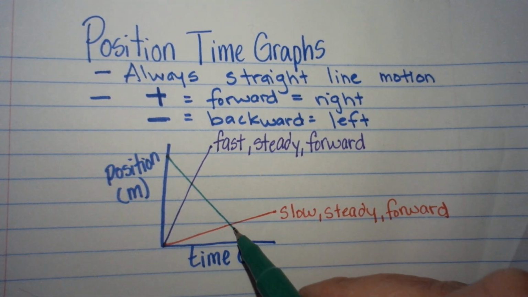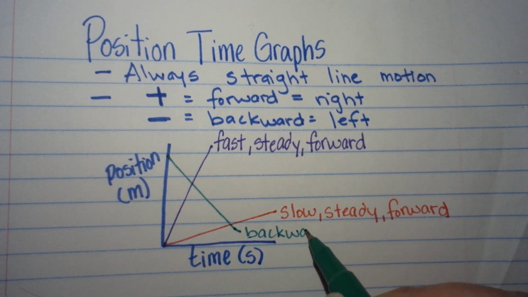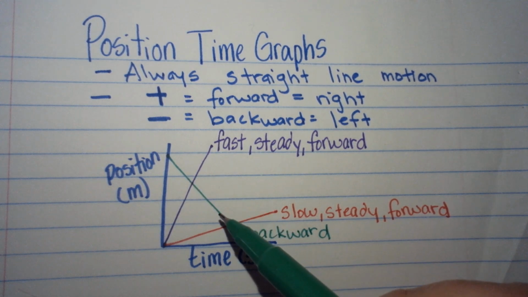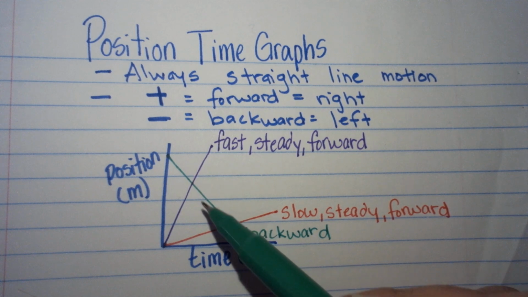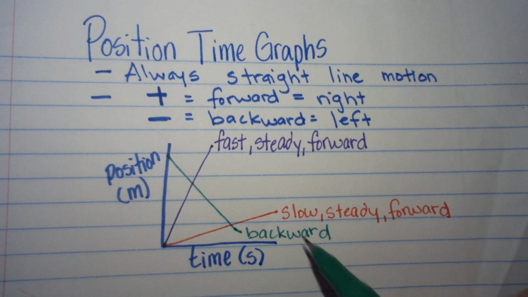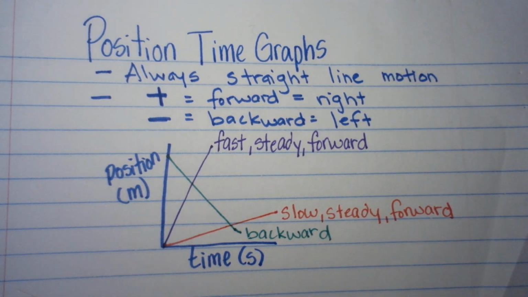In this case, I'm going backward. Okay. My slope is kind of steep. It's sort of going at a medium speed. But notice if my line goes down, I'm going backward. That's some important stuff to kind of pull out there.